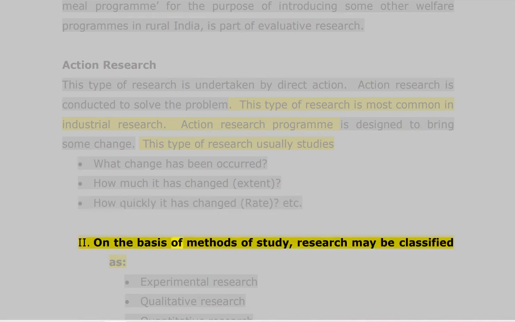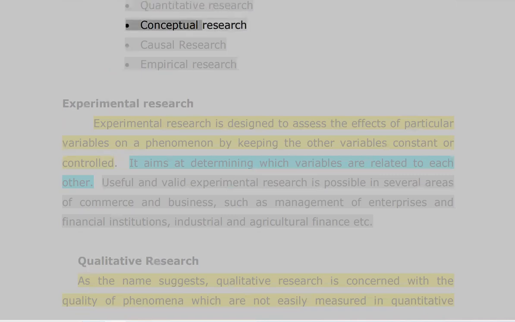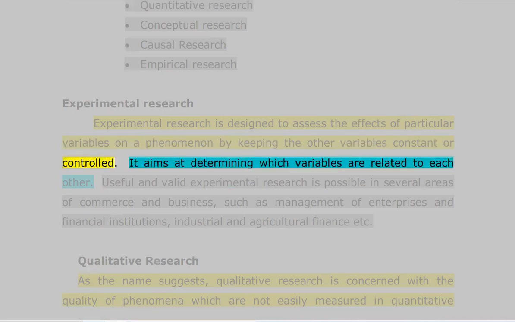2. On the basis of methods of study, research may be classified as experimental research, qualitative research, quantitative research, conceptual research, causal research, empirical research. Experimental research. Experimental research is designed to assess the effects of particular variables on a phenomenon by keeping the other variables constant or controlled.